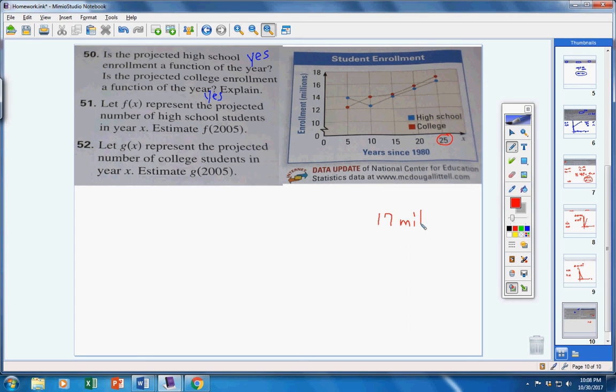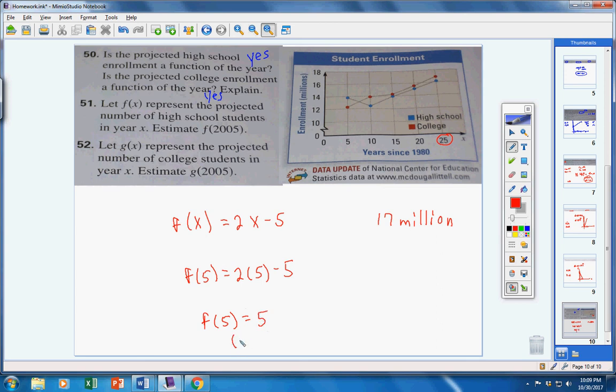Now I want to say one thing here. You might be a little confused about the functional notation. Now hold on a second. Remember, we studied this. If I said f of x equals 2x minus 5, and I told you to find f of 5, what does that mean to do? It means to put 5 in for x, and then evaluate. So f of 5 would equal 10 minus 5, 5.